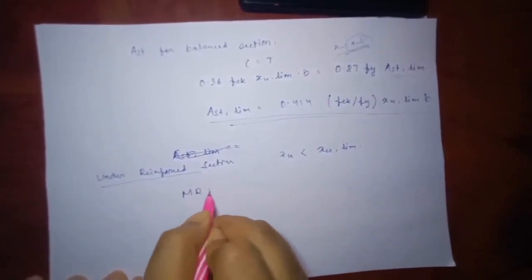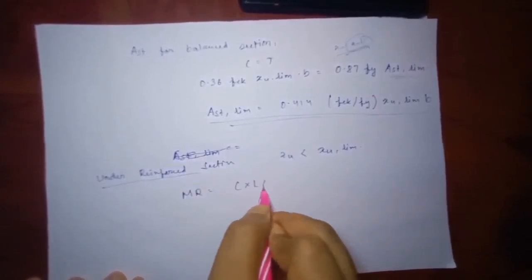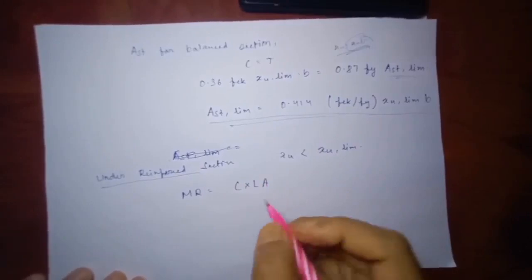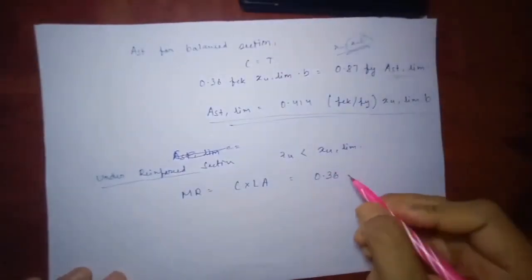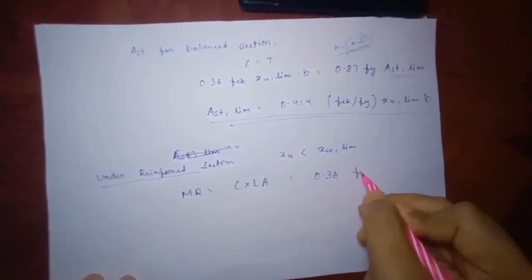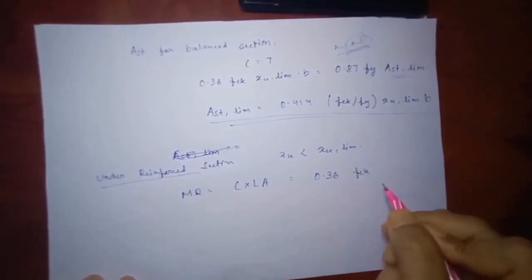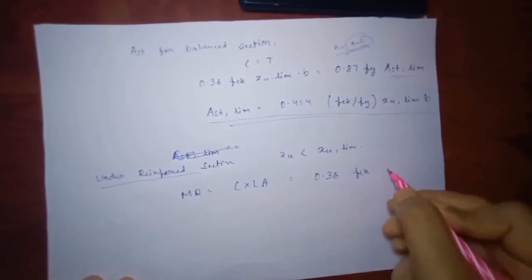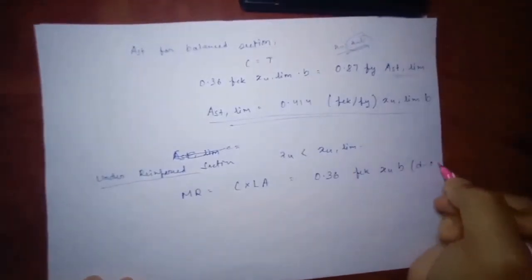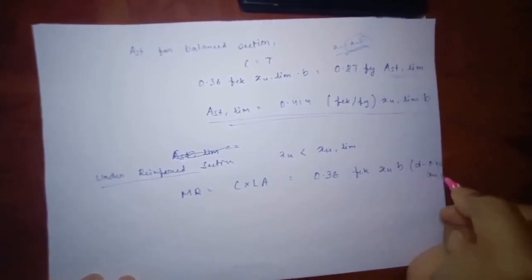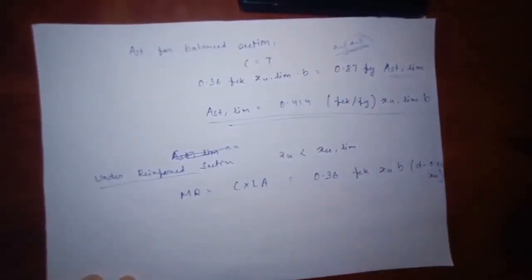This time MR will be equal to C cross LA, and it is equal to 0.36 fck Xu (d minus 0.42 Xu). Simple, just MR, that is C cross LA.